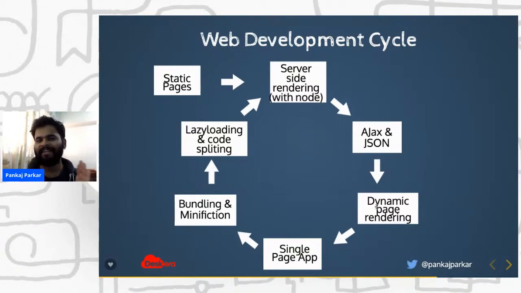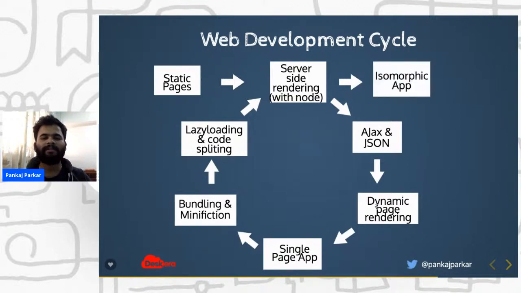But in server side rendering, now we are doing that with Node. And we moved a little bit further. Server side rendering is powerful, but we have to combine it with something else, which is an isomorphic app. So the first rendering will happen with server side rendering, and then the next consecutive rendering will happen using the isomorphic app with client rendering. So this is called an isomorphic architecture application. So this was the gist of the current wave.